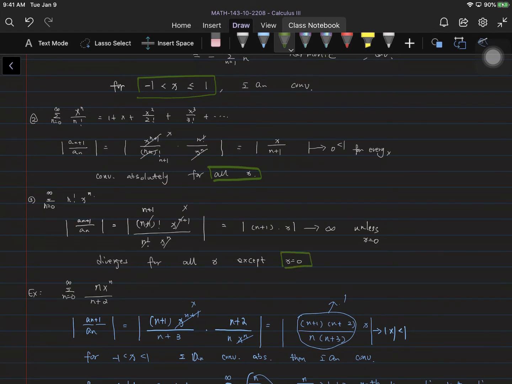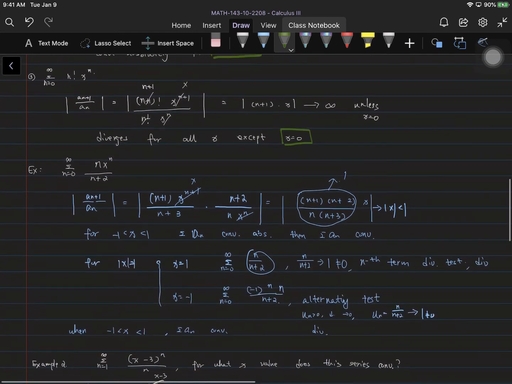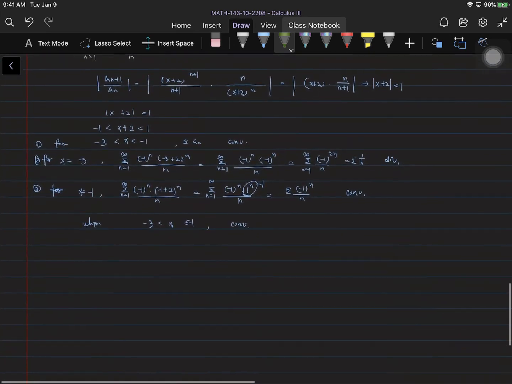And also for power series, I'm going to give you the theorem next. There are only 3 possibilities: for all x, for only one point of x, or for an interval of x, the series converges. Now let's take a look at the theorem.